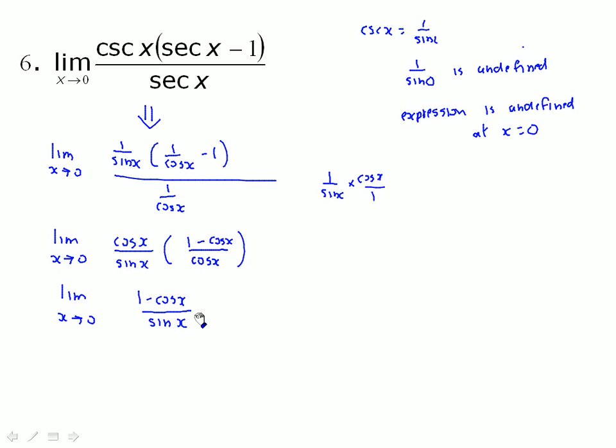And this is the first time we've seen a 1 minus cos set up. But that's good, because we can handle that. This can be broken up into 1 minus cos x multiplied by the sine x on the denominator. And then we introduce what we need.